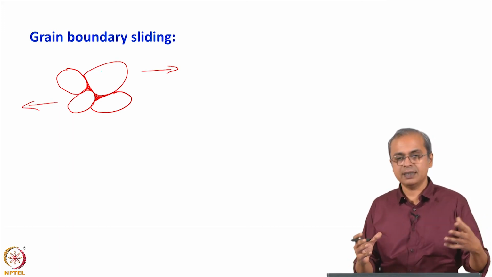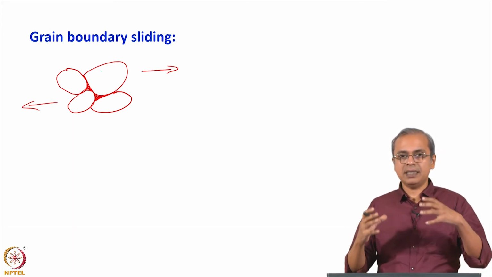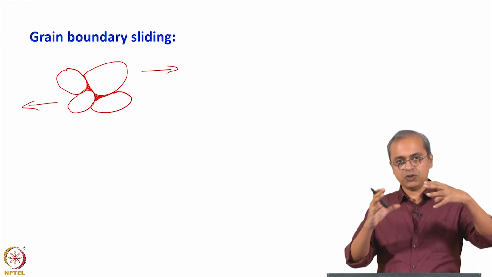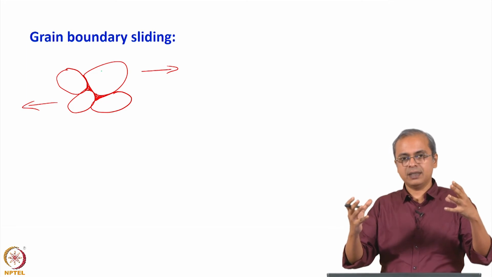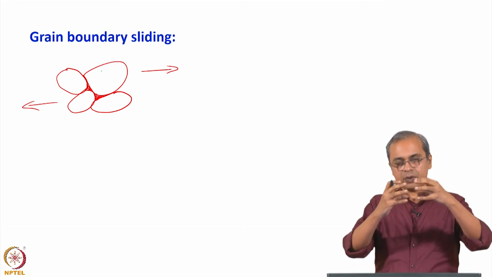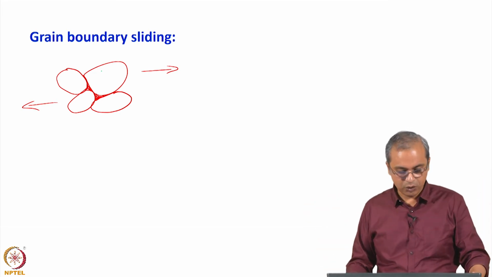That is a normal plastic deformation mechanism, where the shape of the grain changes, and then eventually the set of grains change shape while they still maintain contact at the grain boundary, and in the process the overall sample elongates.